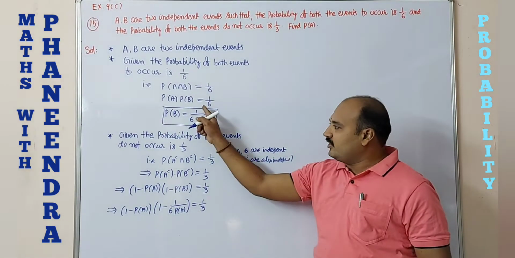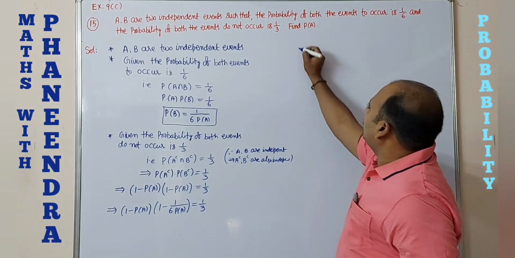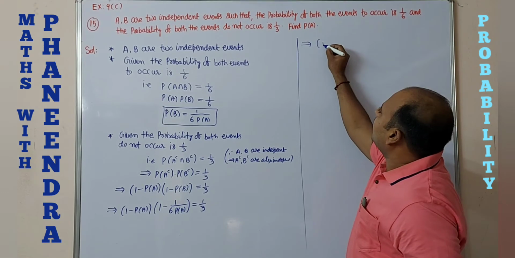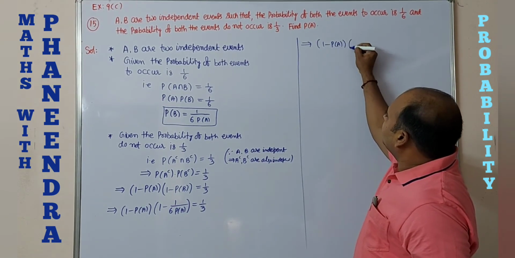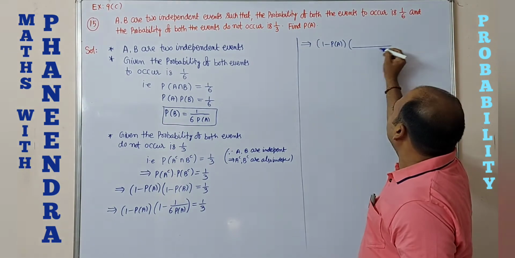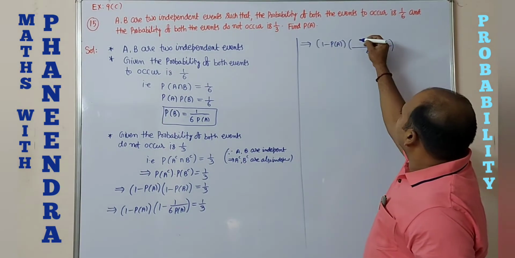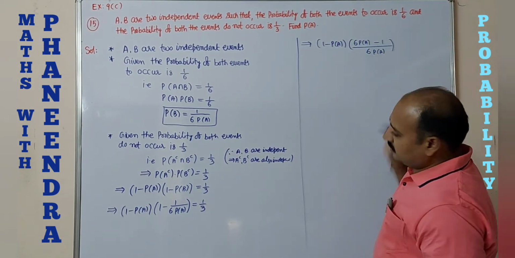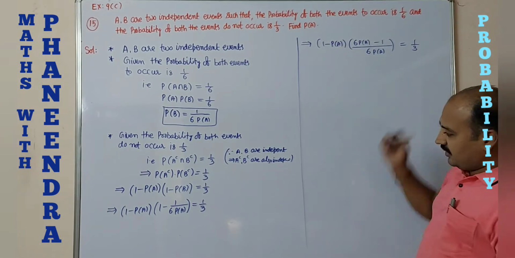P of B value is 1 by 6 times P of A. That you have to simplify. So 1 minus P of A into, take LCM here, 6 times P of A, so 6 into P of A minus 1, is equal to 1 by 3.